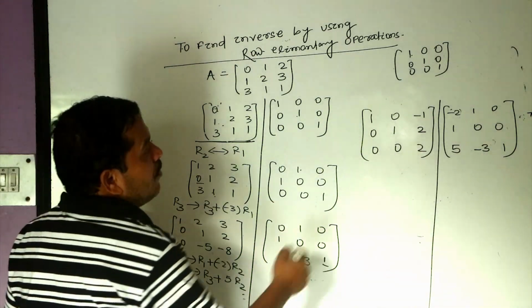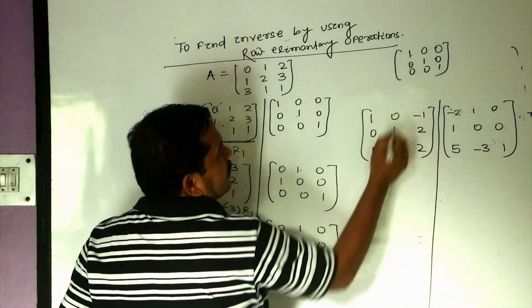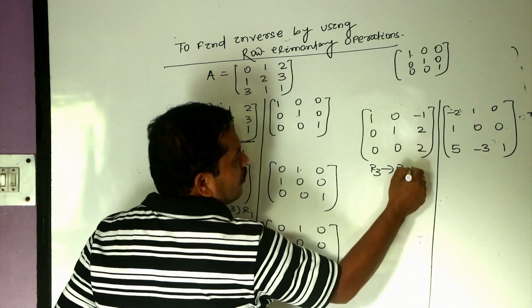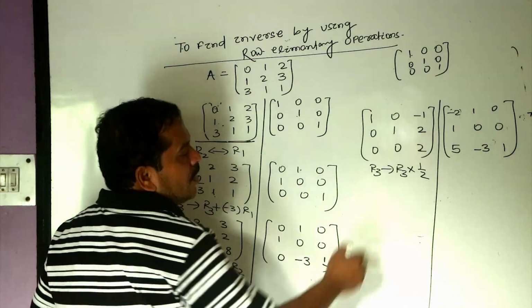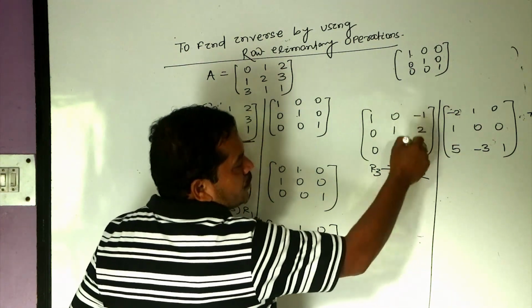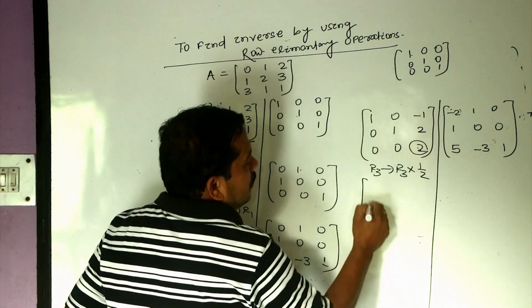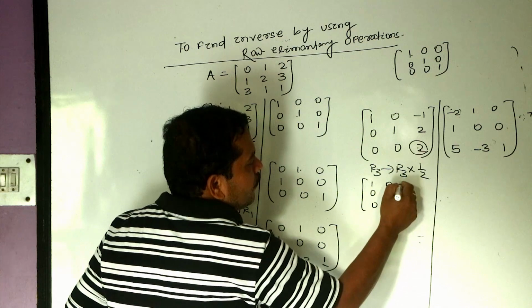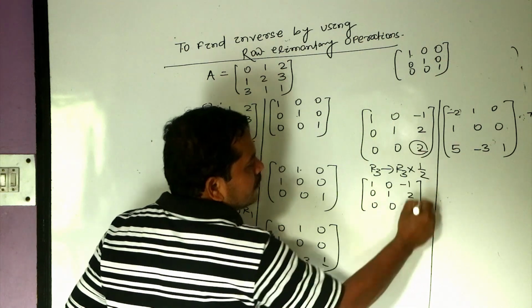Next we have to make this 2 into 1, so R3 is replaced by R3 times 1 by 2, because it is 2, we multiply by 1 by 2 here, so it will be 1, that is 1 0 0, 0 1 0, minus 1 2 1.